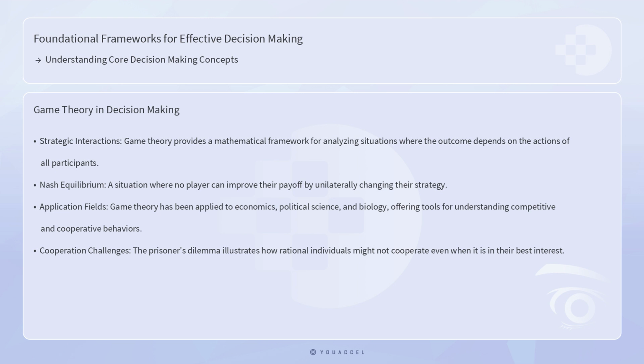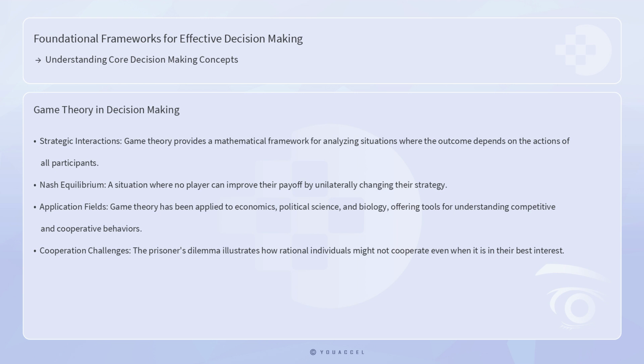Game theory has been applied to various fields, including economics, political science, and biology, offering valuable tools for understanding competitive and cooperative behaviors. For example, the prisoner's dilemma illustrates how rational individuals might not cooperate even when it is in their best interest, highlighting the challenges in achieving mutually beneficial outcomes.